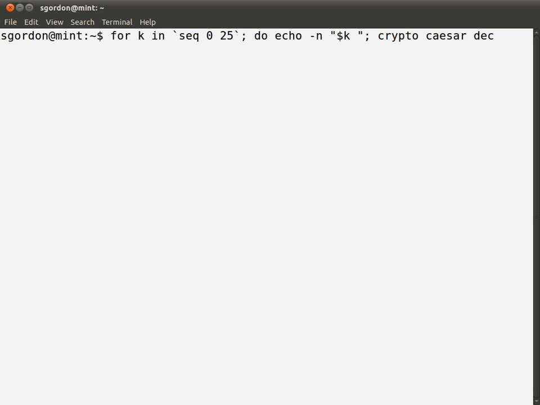What was our ciphertext? I've got to get this correct.